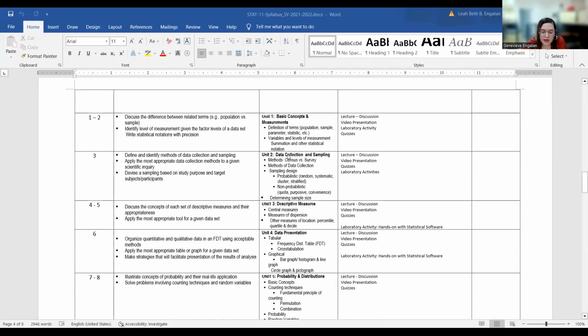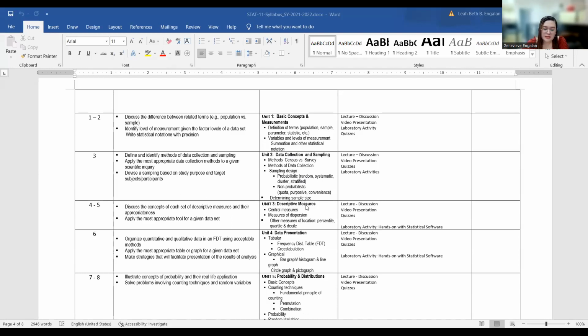Then unit 2, we have the data collection and sampling. We will have the methods, the census versus survey, methods of data collection. We have the sampling design, probabilistic nga sampling and non-probability sampling. We also have determining the sample size.